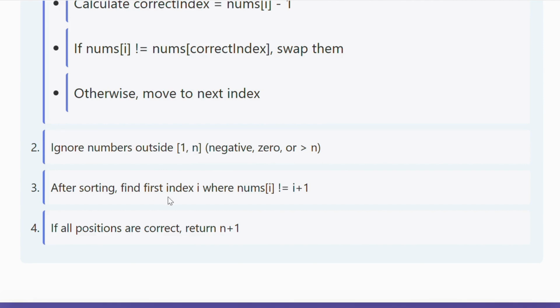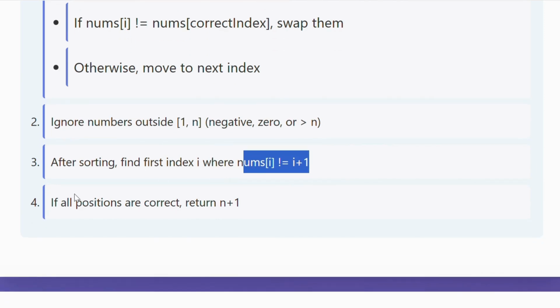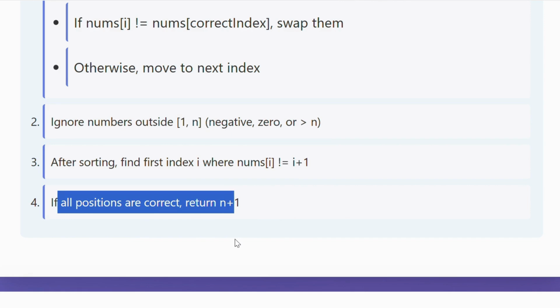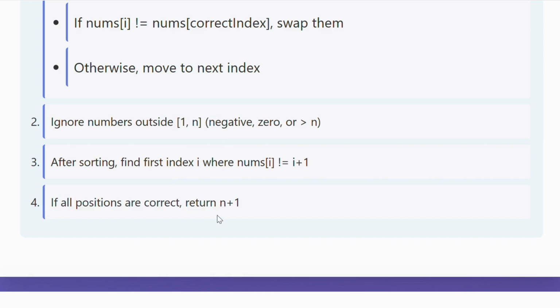After sorting, whichever first index I is not matching to its number, that index is our answer. That number is missing. And if all indexes are matching to their numbers, then our answer will be n plus 1, right?